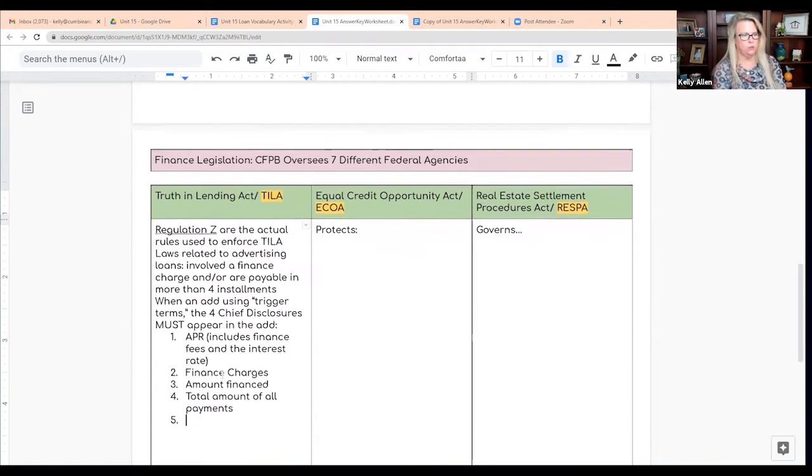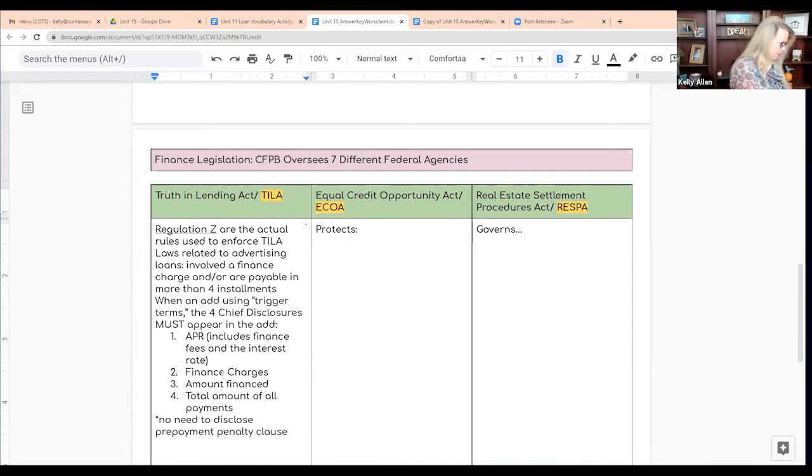What you don't need to disclose, let's do a little asterisk, I got this on a PSI practice test: no need to disclose prepayment penalty clause, or rebates.